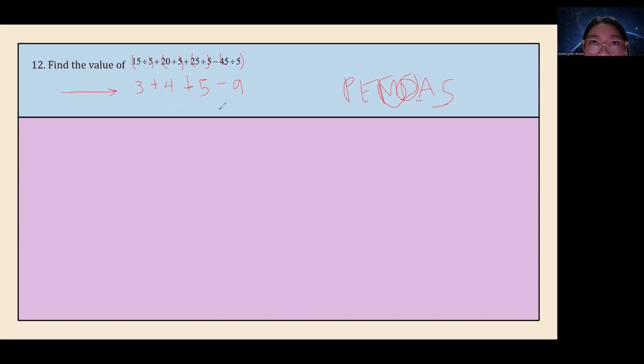For addition or subtraction, you can interchange your numbers as long as you follow the sign or the symbol that comes before the number. Okay, so for this one, 4 plus 5 is 9, right? So 9 minus 9, that becomes 0. So we're only left with 3. So the correct answer here is 3. Okay, very easy. So if you can find a way to work with your numbers, that would be very good.